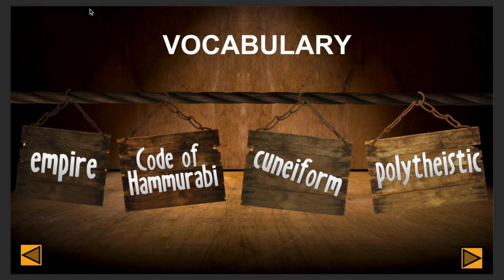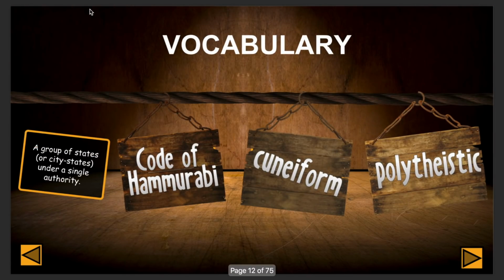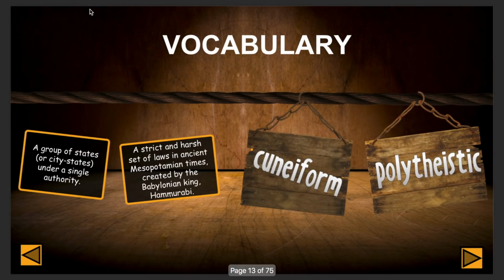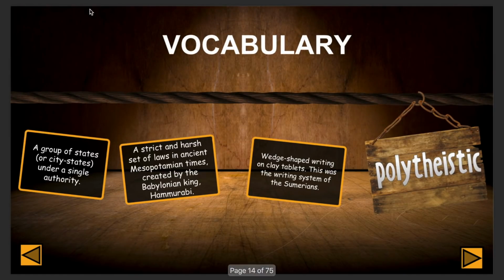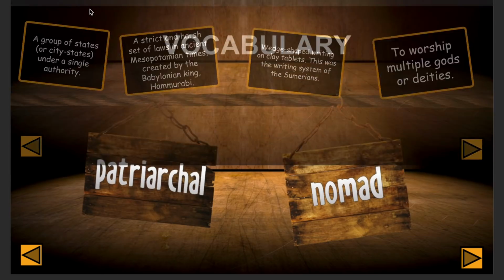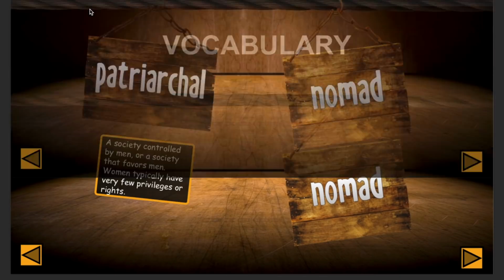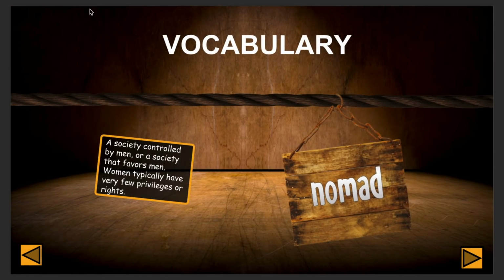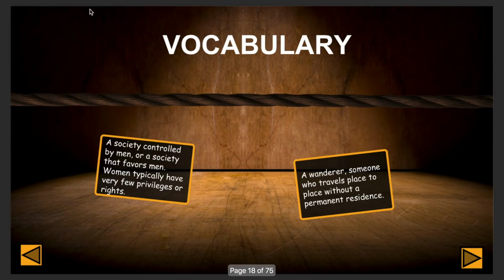We have empire, code of Hammurabi, which is what we're going to be looking at closer today, cuneiform, and polytheistic. Two more for you today, patriarchal and nomad. And again, if you need to review any of those words, just go back, pause the video so that you can see them.